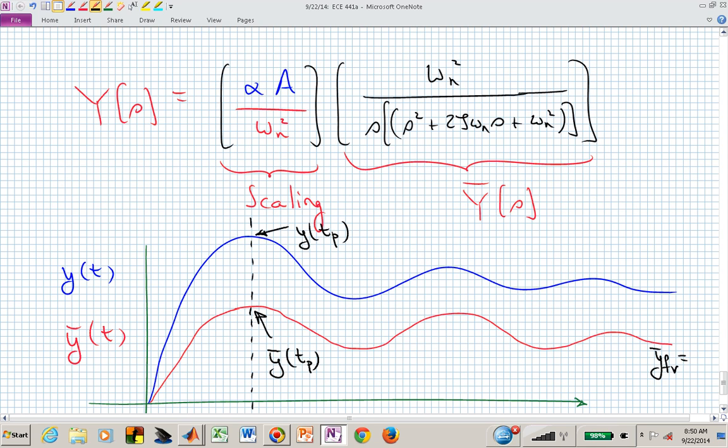Now I let s go to 0. So I get omega sub n squared over omega sub n squared, which is just 1. That's why this is a nice expression. This is now 1, and this is some scaled version up here. Y final value is, let's say, in the lab, I think we call that A1.